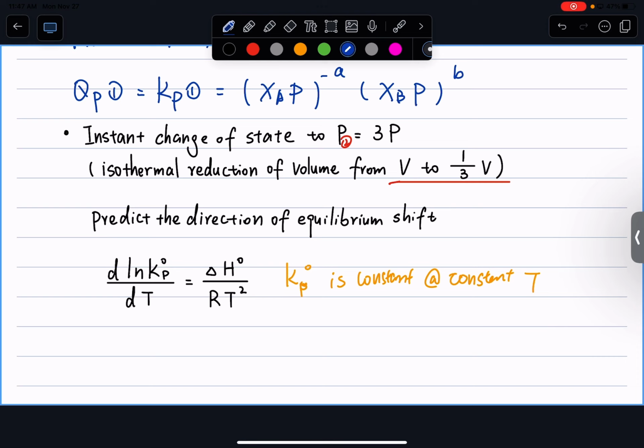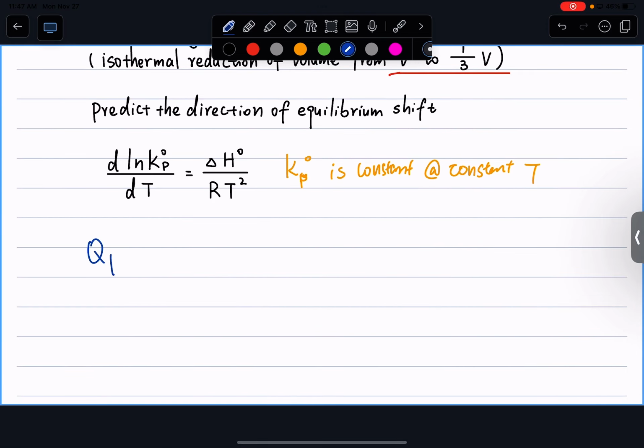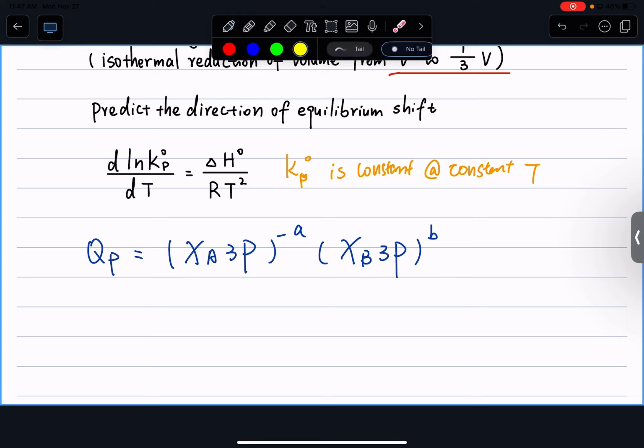So in this case, your Kp is not changing, but your reaction quotient equals, again, chi A times 3P to the negative A, chi B times 3P to the B. Now, in this case, the change inside the bracket is the same for your reactant and product.